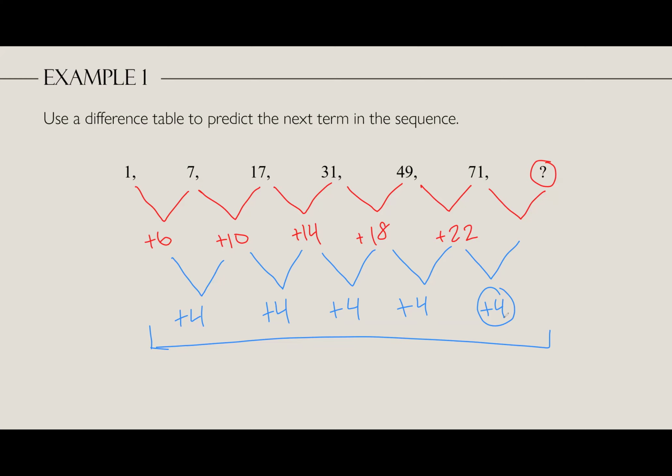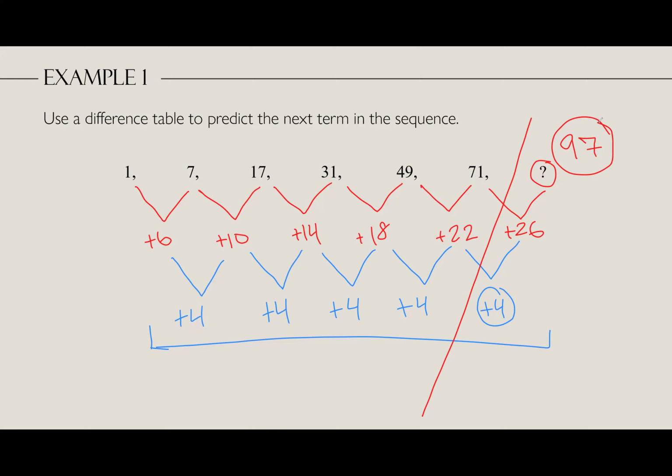Well, to get the next number after 22, 22 plus 4, we have plus 26. So what I'm doing is I'm going off this last column. And then to finish it up, 71 plus 26, if I want to follow my pattern, I get 97 as my prediction.